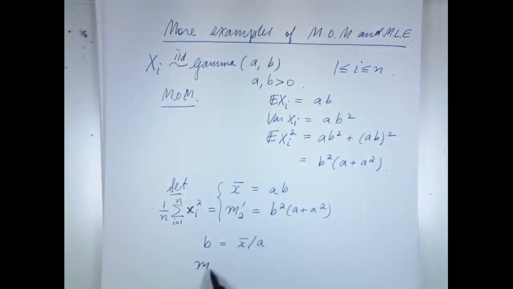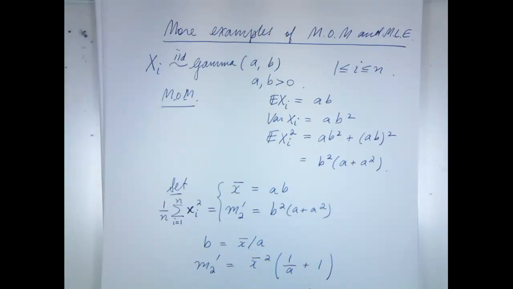Substitute that in: M2 prime equals x bar squared, times A plus A squared, divided by A squared, so that's 1 over A plus 1. M2 prime minus x bar squared equals x bar squared divided by A.